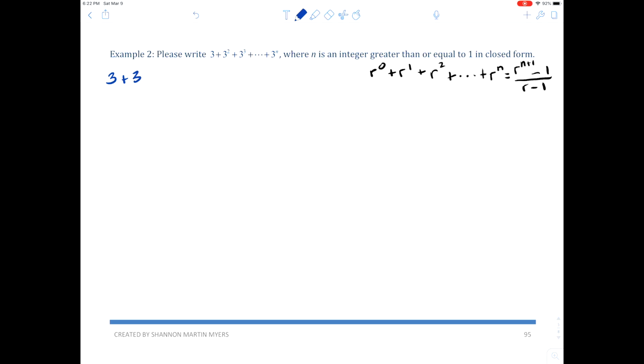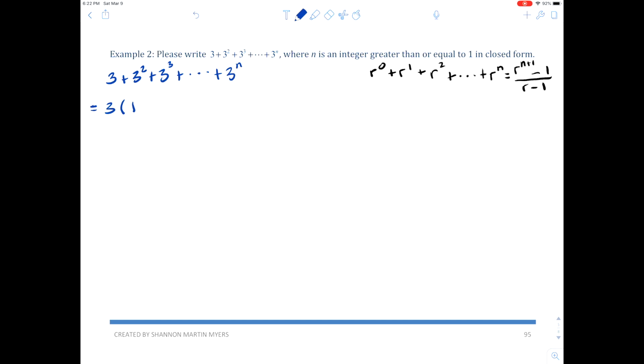3 plus 3 squared plus 3 cubed plus dot dot dot plus 3 to the n. What's that equal to? Beautiful. If I factor out a 3, and I'm factoring out the 3 because I need something to the 0 power, and remember, 3 to the 0 power is going to be 1.